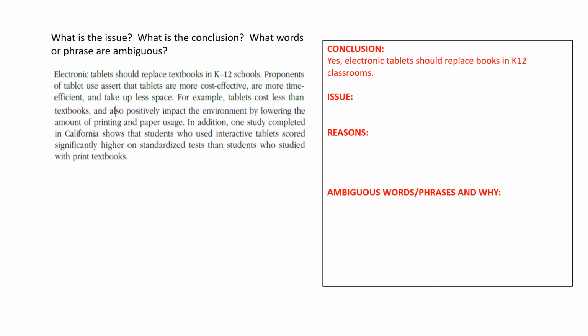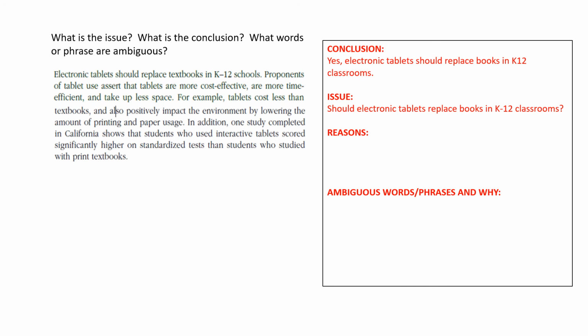The author is in support of using electronic tablets. And so because I know that, my conclusion is yes, electronic tablets should replace books in K-12 classrooms. So my issue is, should electronic tablets replace books in K-12 classrooms? It's easier to find the issue because I can use the same language in the conclusion for the issue, except it's in the question format.